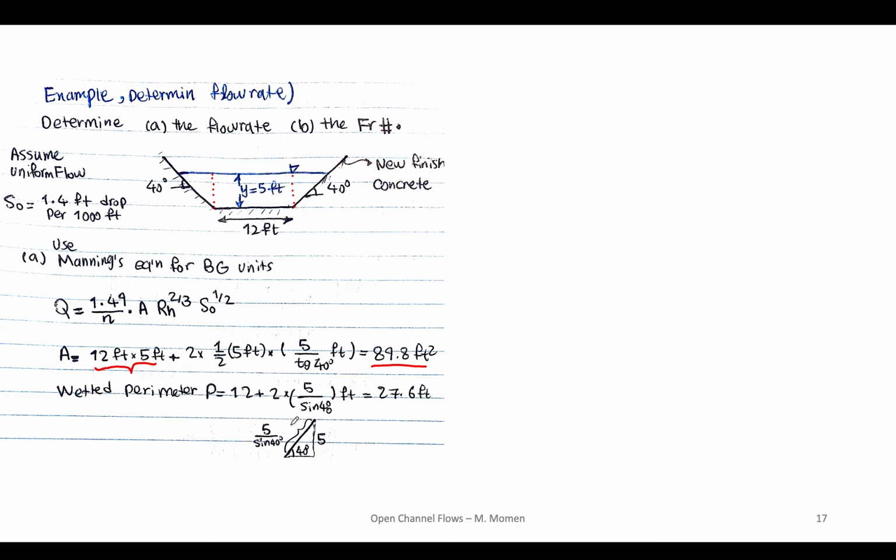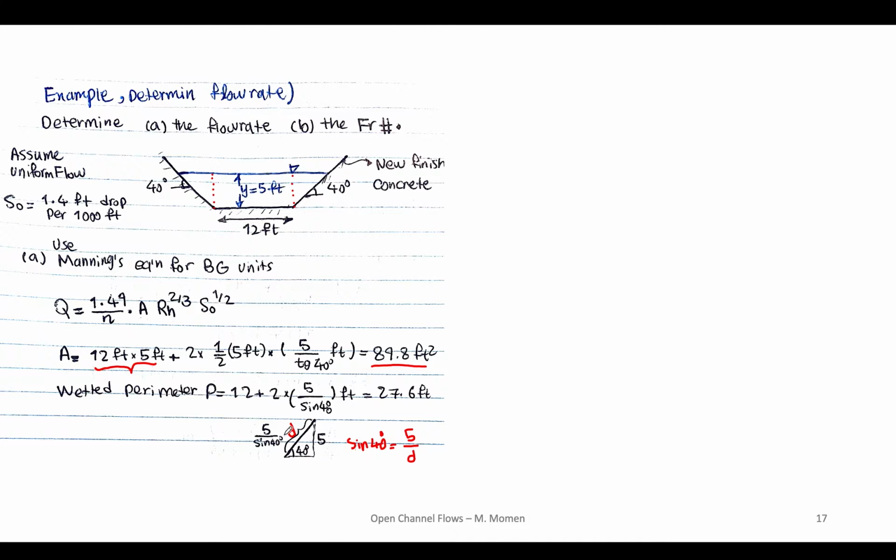If this length is D, I can say that sine of 40 degrees is defined as 5 over D, right?